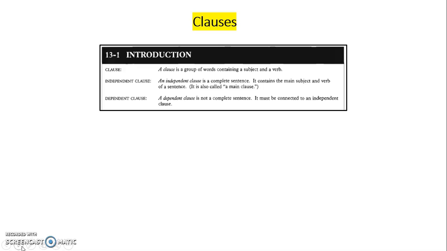So that's about clauses. Now, to connect the sentence, we need a connector, or we can say a subordinating conjunction.